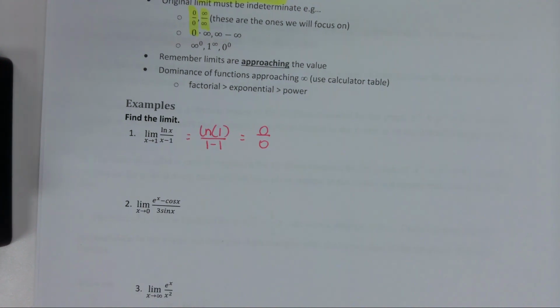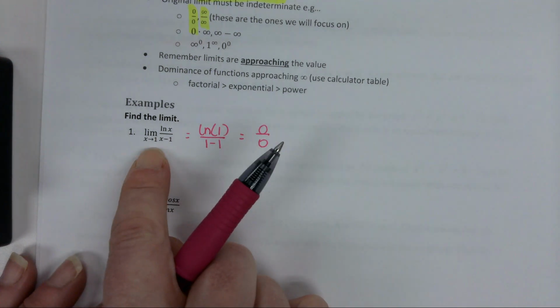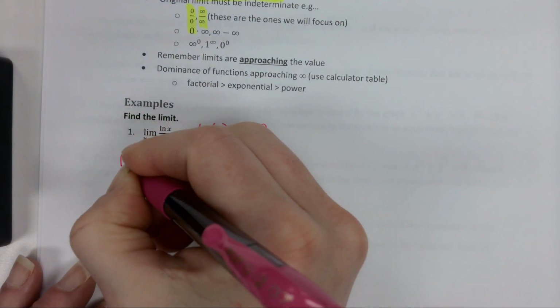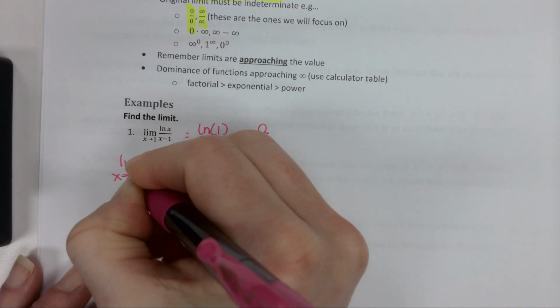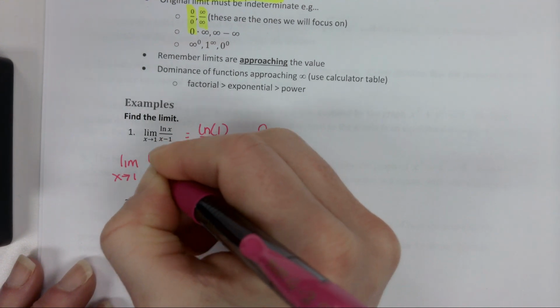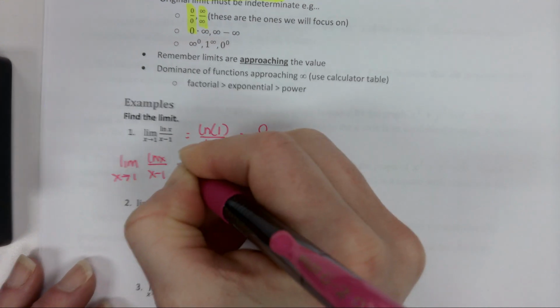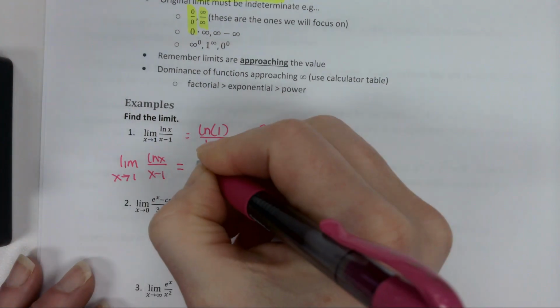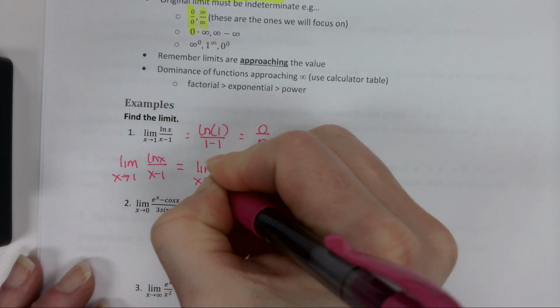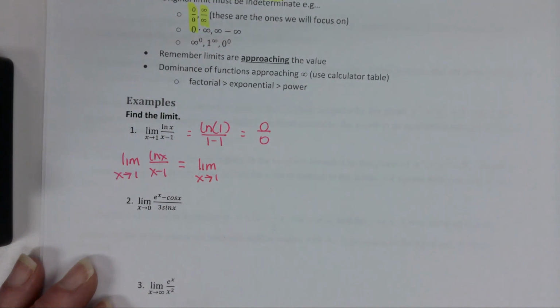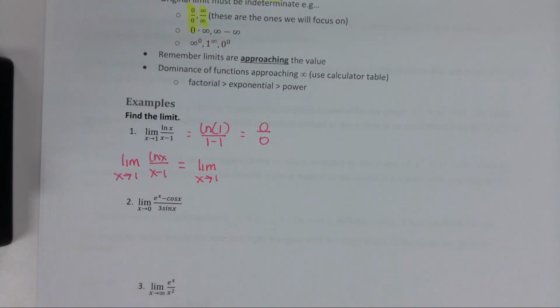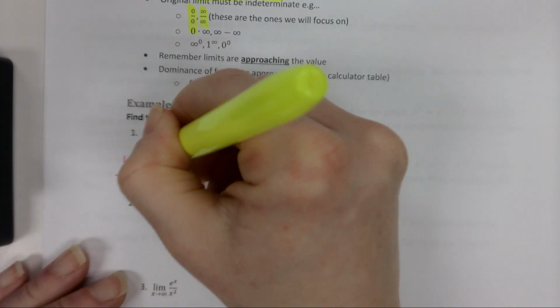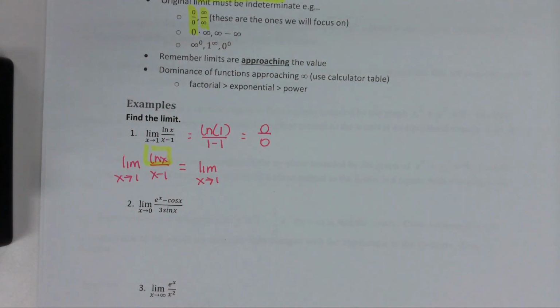So what I'm going to go ahead and do is write that the limit as x goes to 1 of ln x over x minus 1 is equal to the limit as x goes to 1, and now I'm going to take the derivative of both of those things because that's what L'Hopital's rule does. Ooh, so what? I have to remember things? Yes, you do.